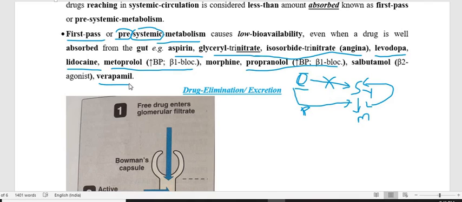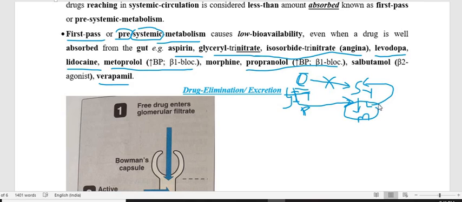When you are using these drugs, some part of the drug gets metabolized. Passing through the portal circulation from the GI tract, it gets absorbed. Some of the drug gets metabolized in the GI tract during absorption, and before reaching the systemic circulation it reaches the liver and gets metabolized there.